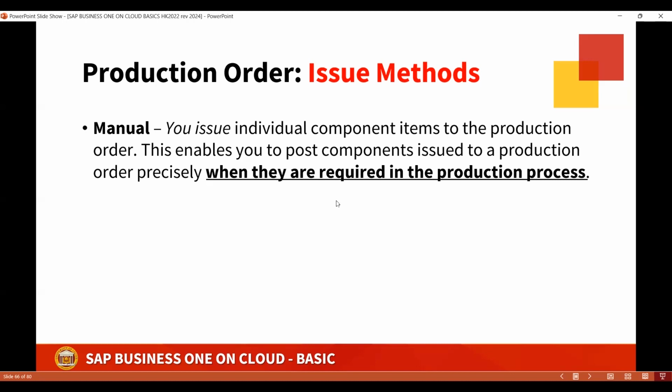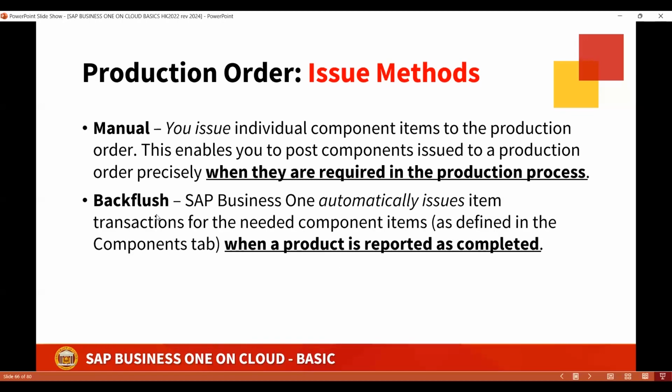Again, take note, when they are required in the production process. On the other hand, backflush is when SAP Business One itself automatically issues item transactions for the needed component items when a product is reported as completed.